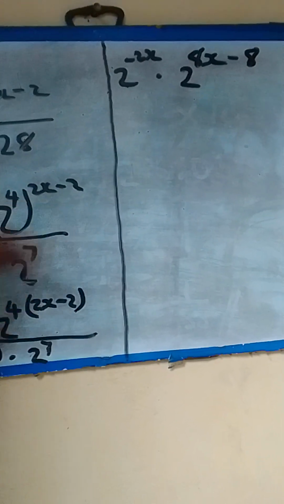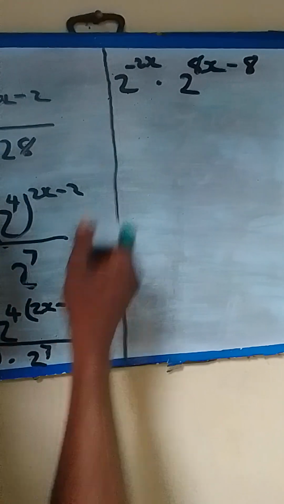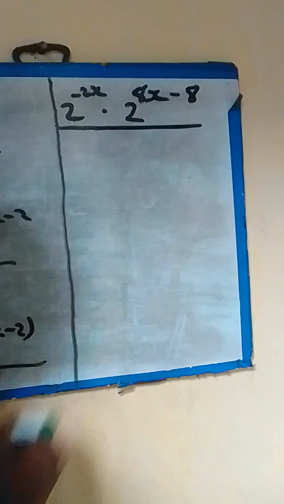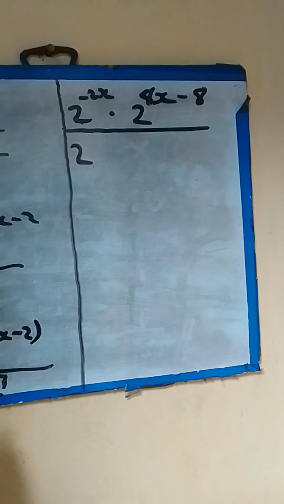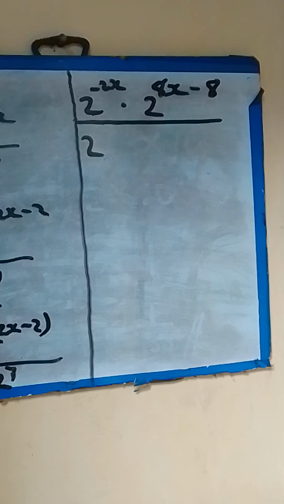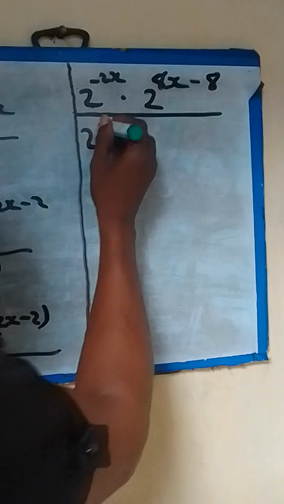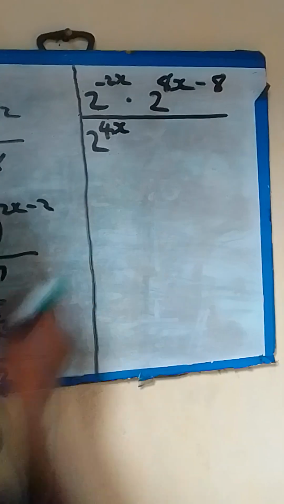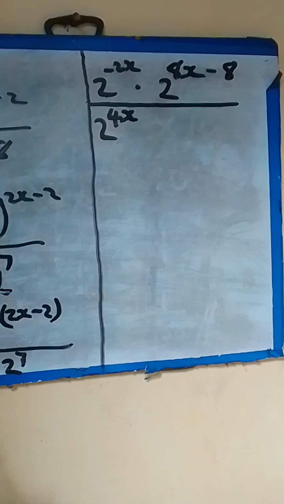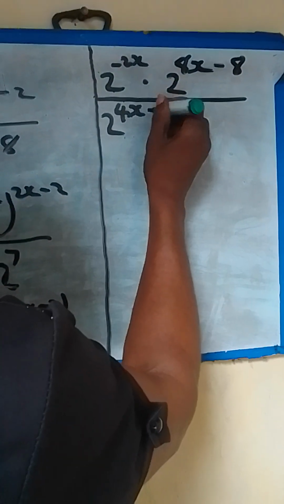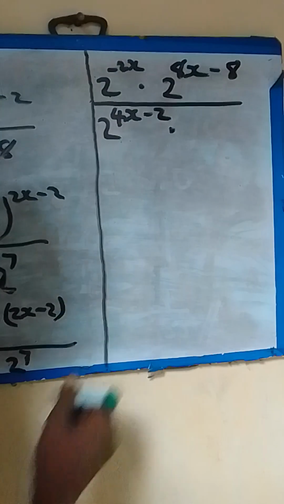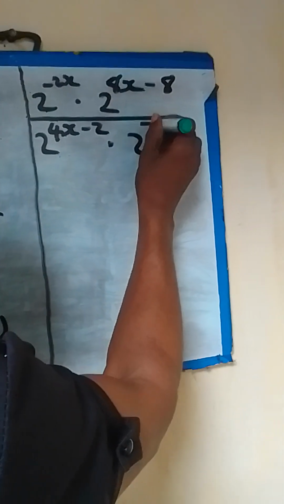So that is what we have done. Then, all over, we do the same to this. 2 times 2x is 4x, 2 times minus 1 is minus 2, times 2 raised to power 7.